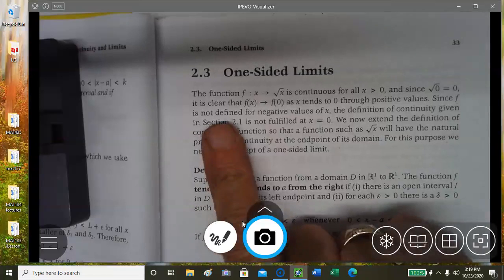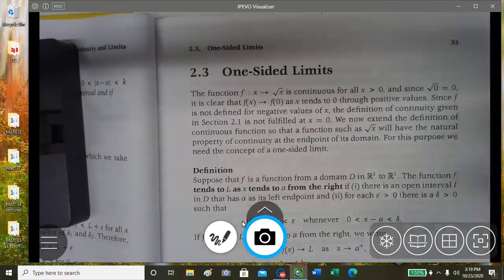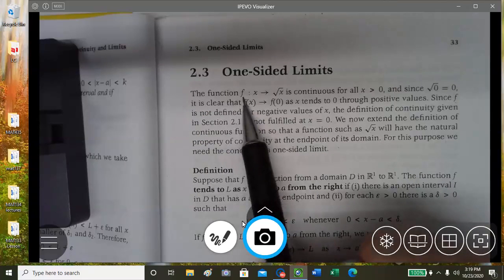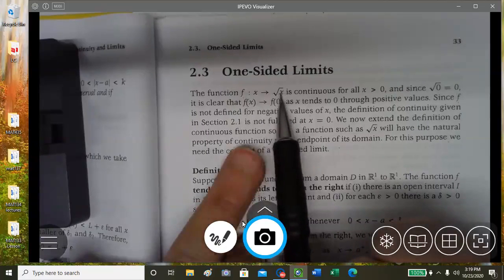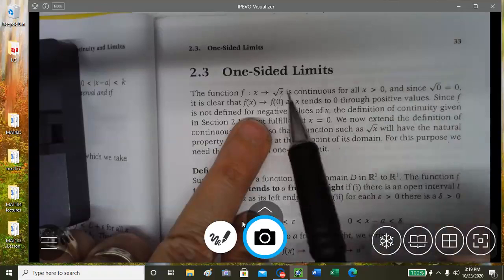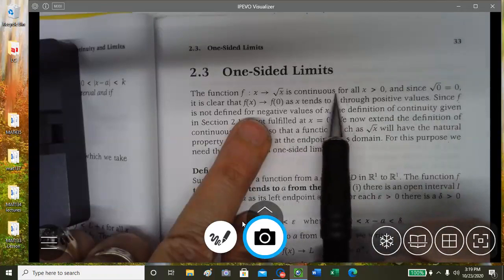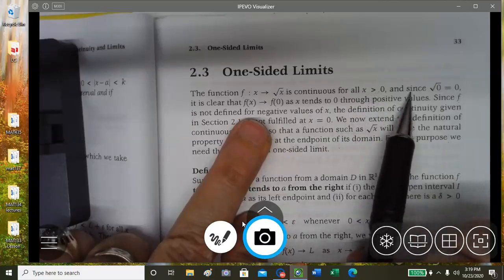Lesson 2.3, one-sided limits. And here we have the function f of x equal to the square root of x. So in other words, f of x equal to the square root of x is continuous for all x that's positive.